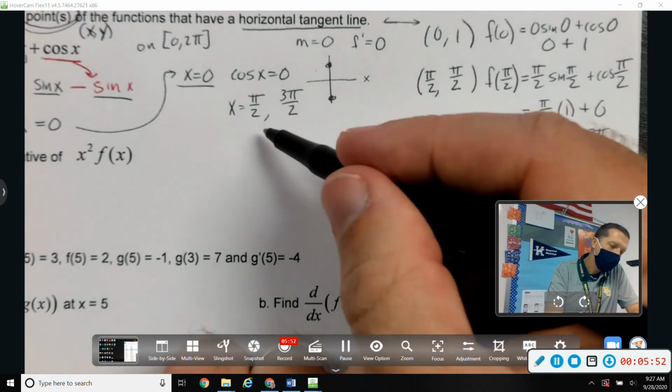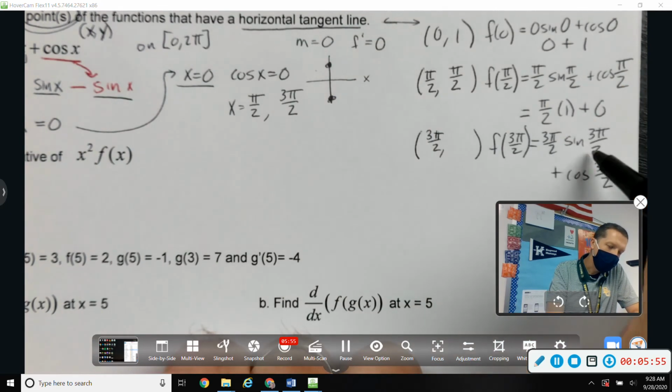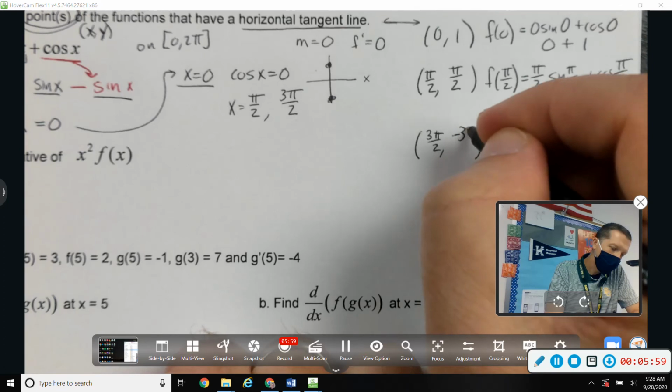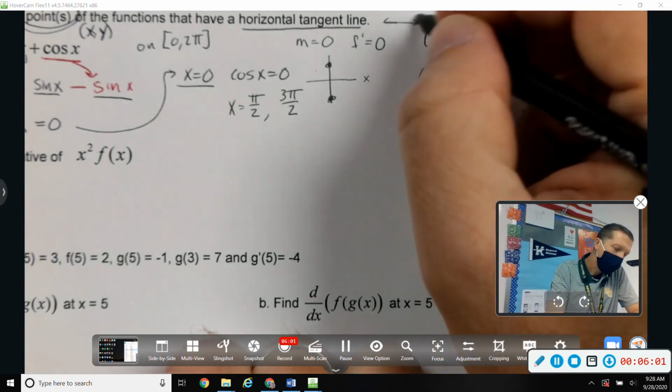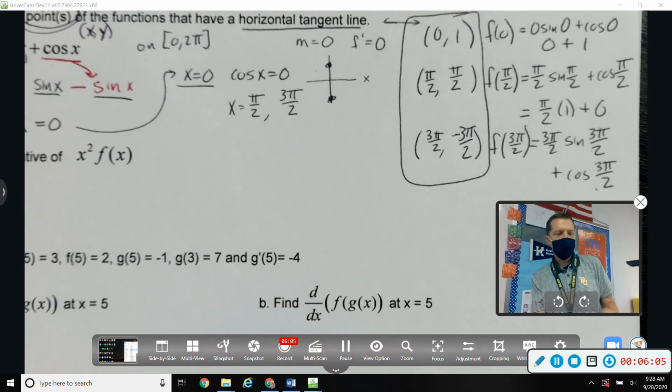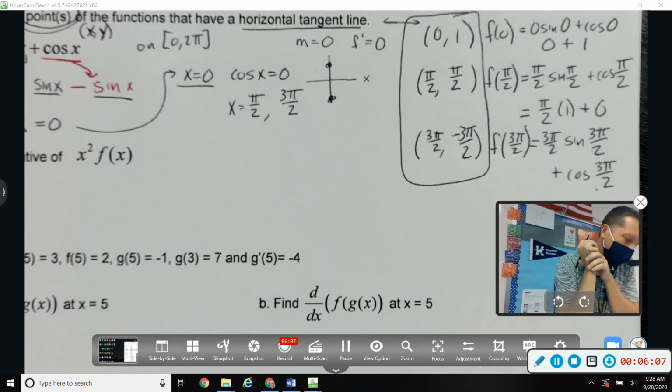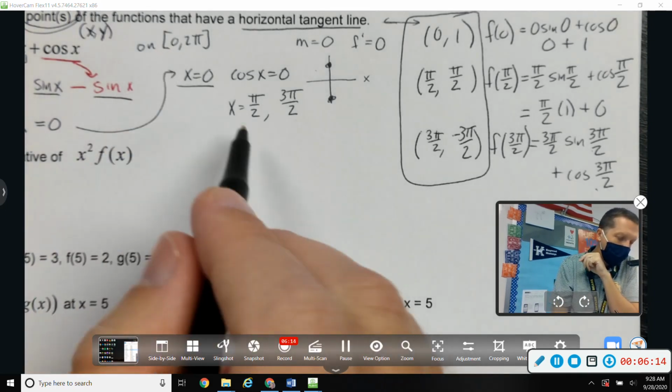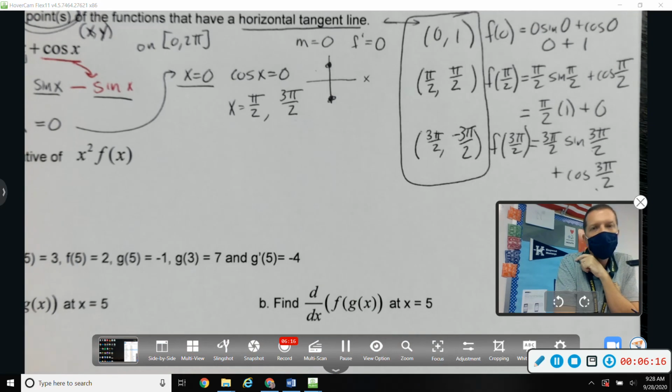Sine of 3 pi over 2 is negative 1. Cosine 3 pi over 2 is 0. So negative 3 pi over 2. So that function, there's 3 points that have a horizontal tangent line. Between 0 and 2 pi, there's way more than that, but we're not worried about those.